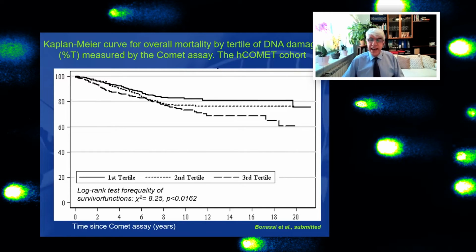So when I say overall mortality, we excluded those mortality causes which are not associated with a disease. And so overall mortality is mostly due to cardiovascular and cancer mortality. And so this is the idea that you can predict overall mortality.